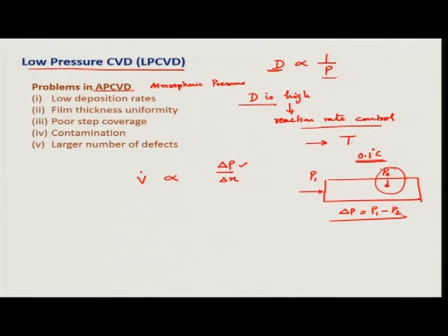By decreasing P2 you can increase the pressure gradient, so more volumetric flow rate inside the chamber. You have more volumetric flow rate and simultaneously higher diffusivity. So, both your bulk flow and your diffusivity have increased. So, your mass transfer has increased, which will result in film thickness uniformity if you control temperature uniformly.